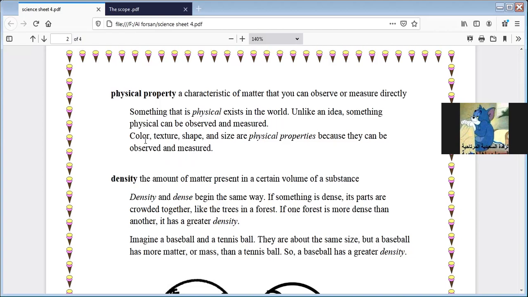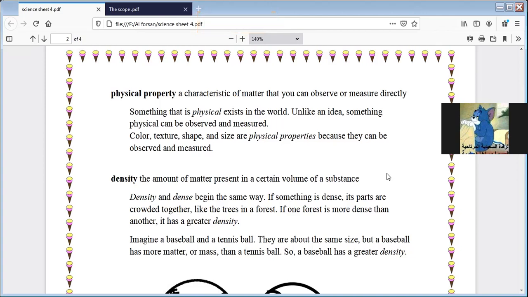So what are the physical properties of matter? Color, shape, texture, size. Look around you, please, in your room and your house, and pick any object, and describe it according to its color, its shape, its texture, its size. Like my computer: it is a medium size, and its color is gray and black.